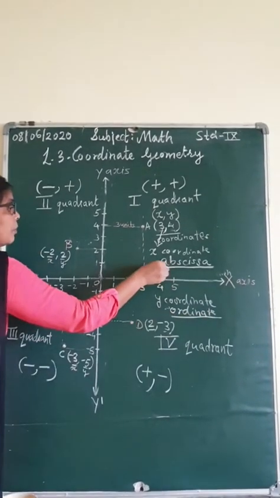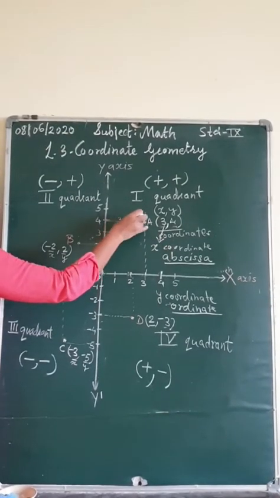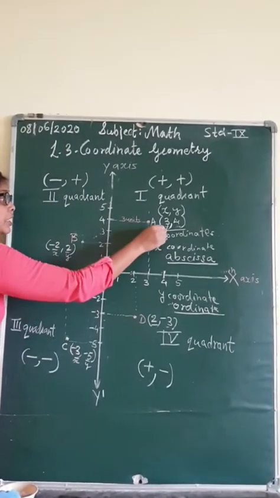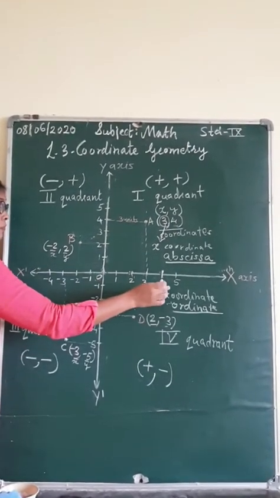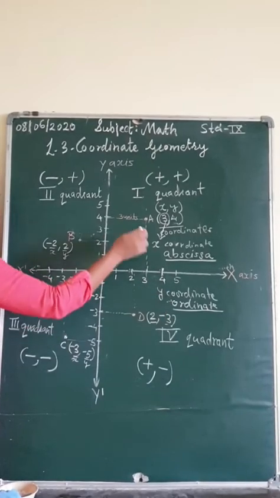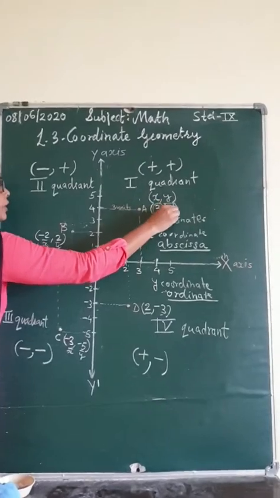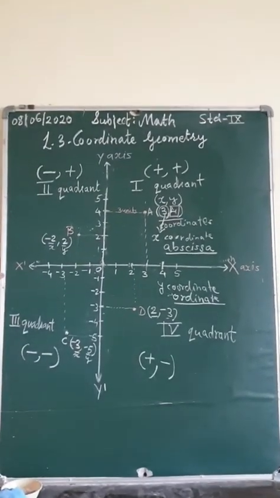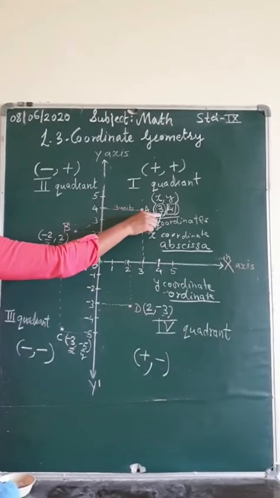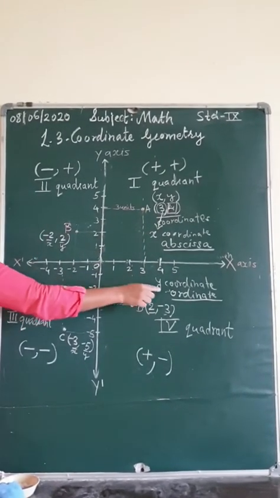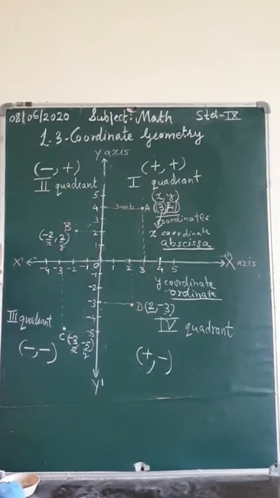So when you come across these words, when it is asked to find the abscissa of a given point, then we have to see the x coordinate. If they ask to write the ordinate of point A, then it will be the y coordinate. So I hope you have understood what is called abscissa. Abscissa is always the x coordinate of a point, and ordinate is the y coordinate of the point.